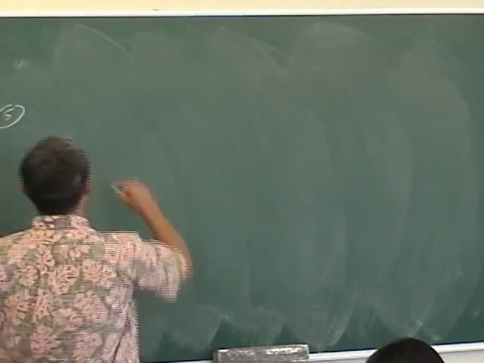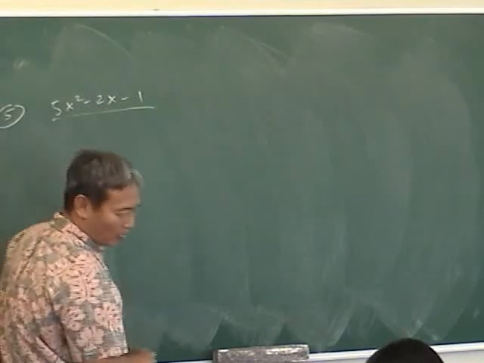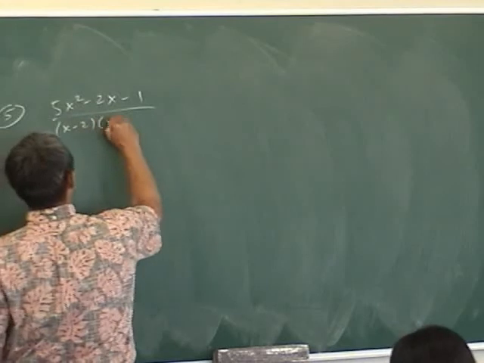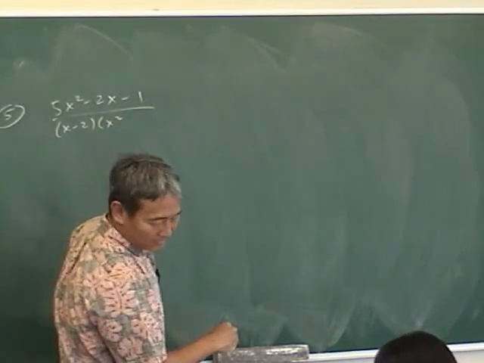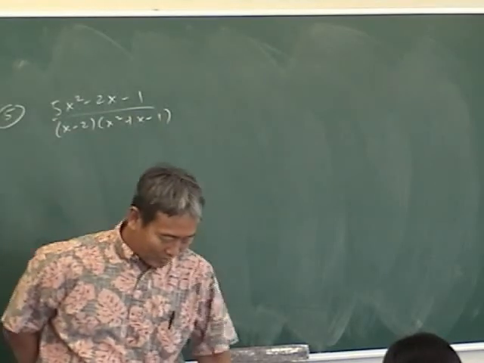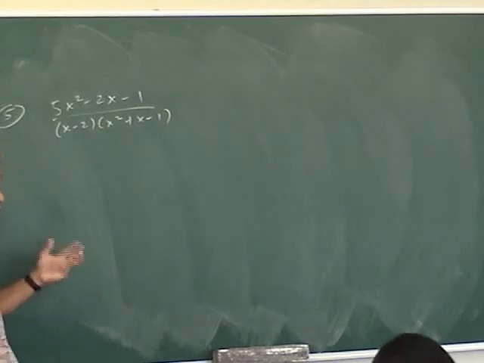5x squared minus 2x minus 1 all over x minus 2 times x squared plus x minus 1. Is this a proper fraction? And I hope you guys notice, look at problem 7 and 8. 7 and 8 are not proper fractions. So what you have to do is you have to divide before you start.